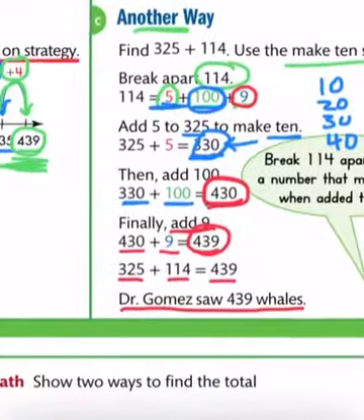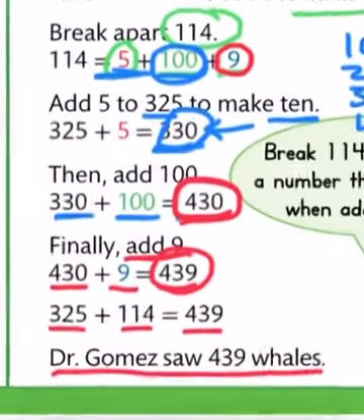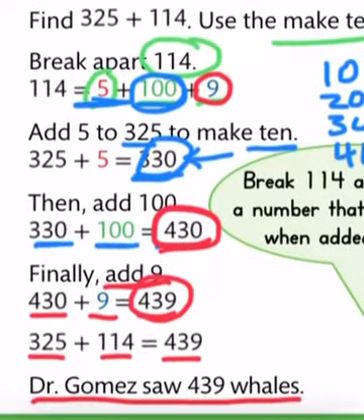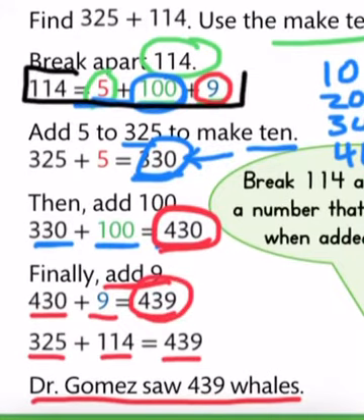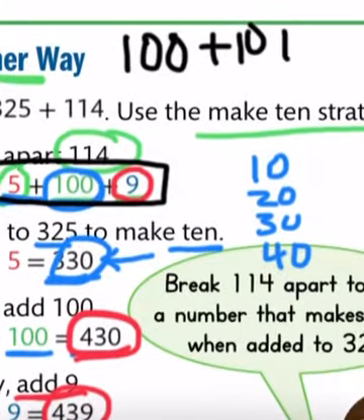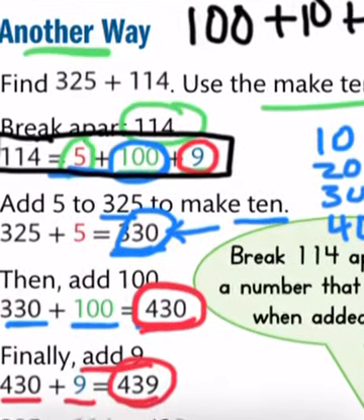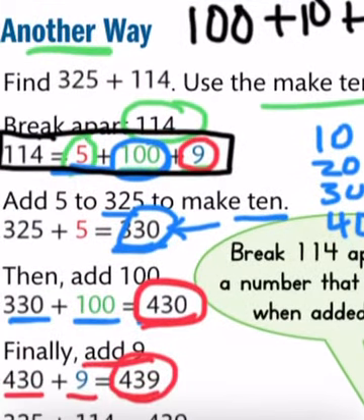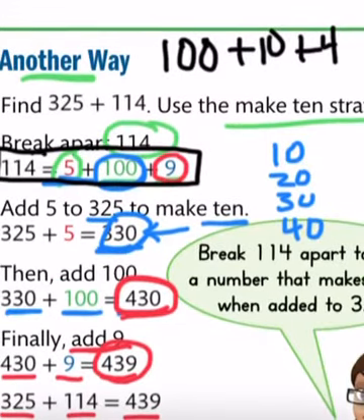You could use this same type of strategy. When they broke up this 114 and made it 100 plus 5 plus 9, you could have done 100 plus 10 plus 4 and maybe added it up a little bit differently, probably very similar to the way we added on the number line in the previous example.